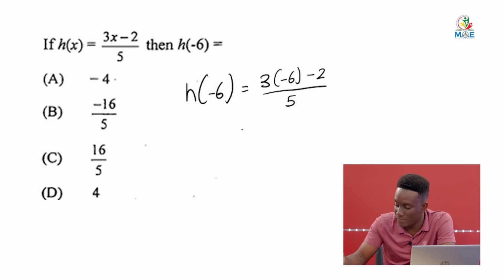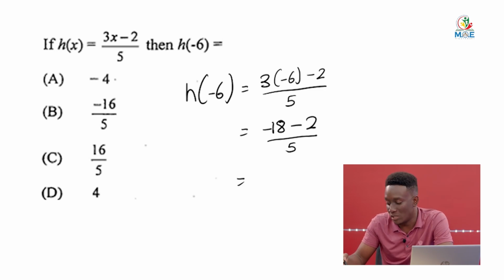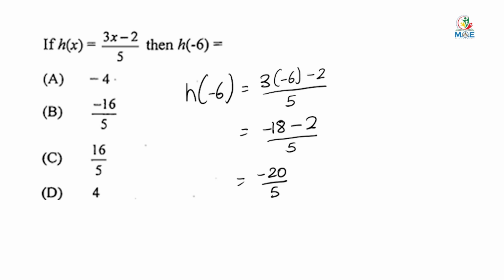So this would be 3 multiplied by -6 would be -18 minus 2 all divided by 5. So -18 minus 2 would give me -20 divided by 5, which will give me -4. So the answer here is -4. We need to know how to add and subtract our positive and negative numbers. So the answer here is A.